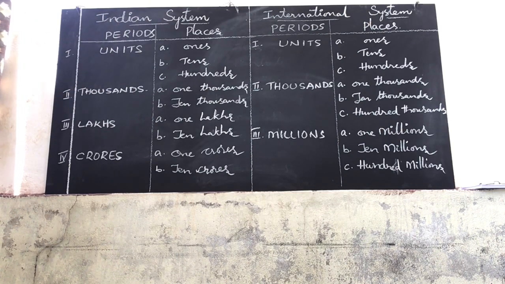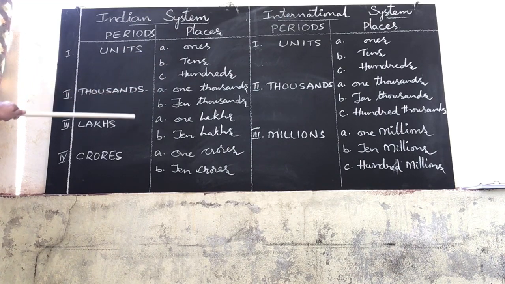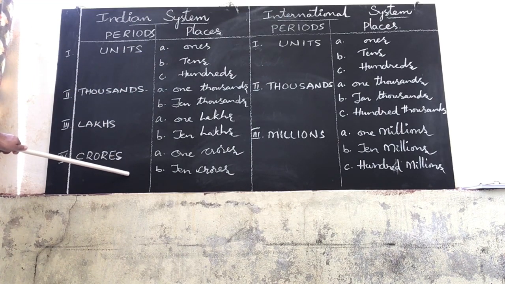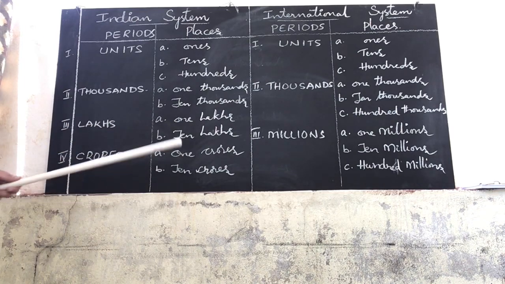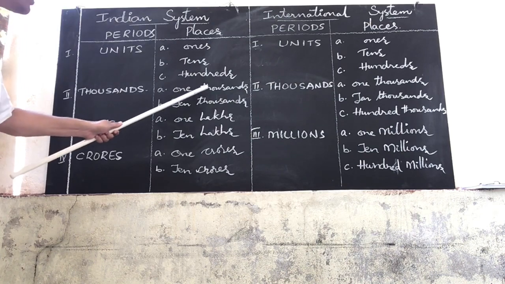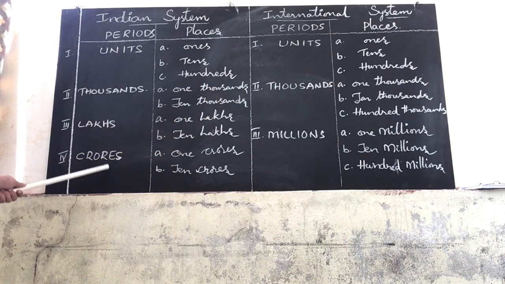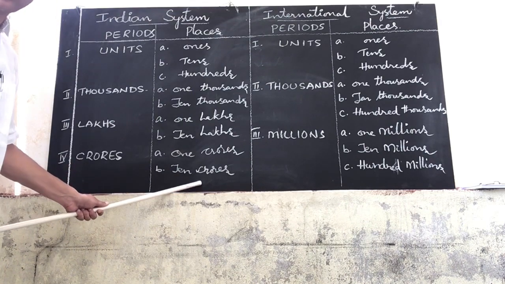These are the 4 periods in the Indian system. Only the units period has 3 places; the rest of the periods contain 2 places each. The units period has ones, tens, hundreds; the thousands period has 1000, 10,000; the lakhs period has 1 lakh, 10 lakhs; and the crores period has 1 crore and 10 crores.